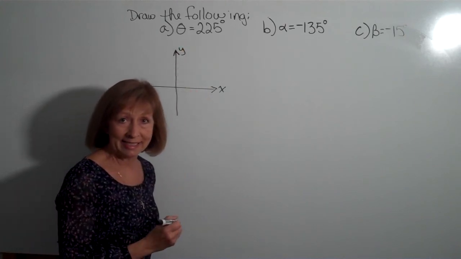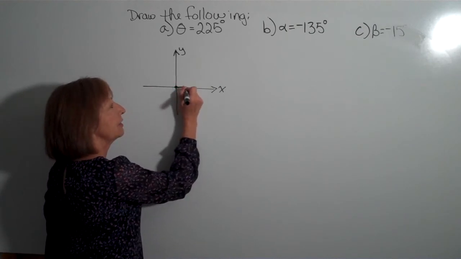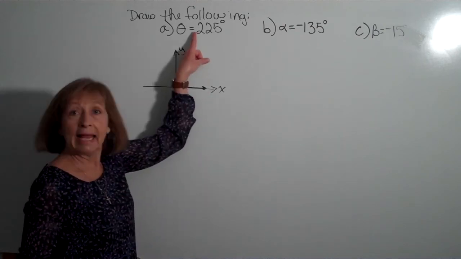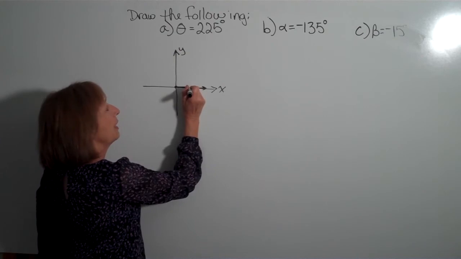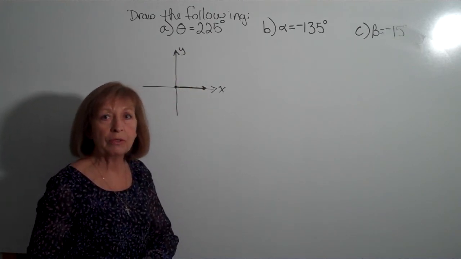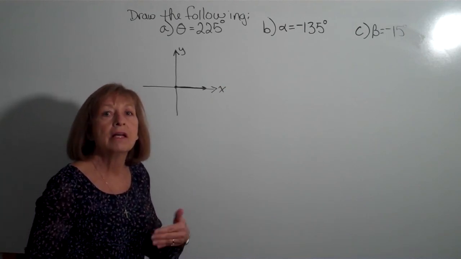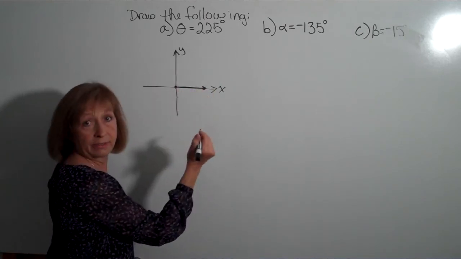Remember, the trig angle in standard position has its vertex at the origin and its initial side along the positive x-axis. This angle doesn't have a minus sign in front of it, so it's a positive angle, so I need to go up and around. And I want to count the degree measurements as I go, from what I know about the measures within our quadrants.